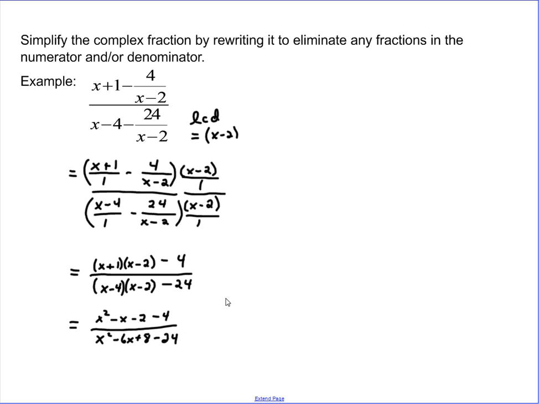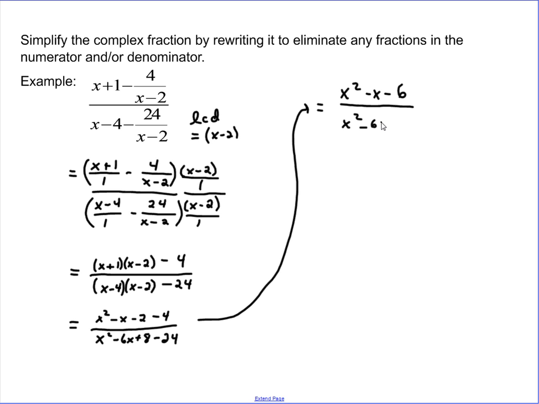So one more simplification reveals that we now have x squared minus x minus 6 in the numerator, and we have x squared minus 6x, and 8 minus 24, that's minus 16 in the denominator. So we want to see if there's any factorization that can help us simplify this out, and we should certainly look.